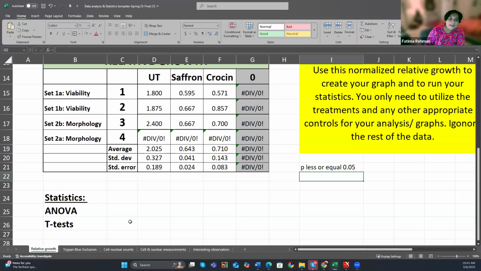Okay. So yes, that's what we're looking for. And the typical way that we look at this is by doing a t-test. Now, a Student's t-test is a great way to look for changes and look for these significances. The problem with that is that it only compares two groups at a time.